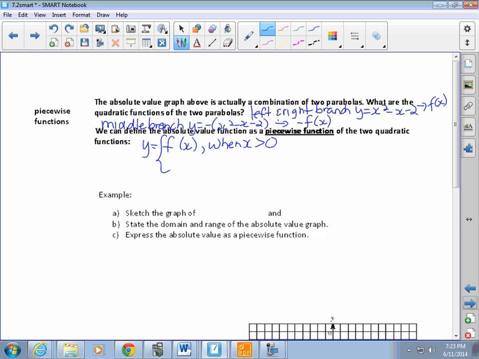So that was giving us everything to the right side branch, and negative f of x when x was less than 0.